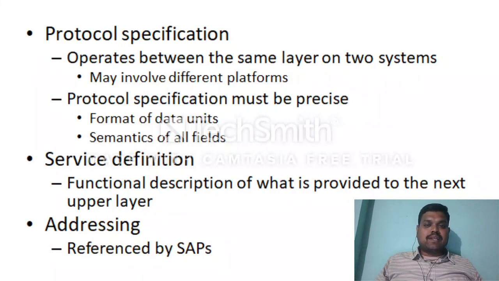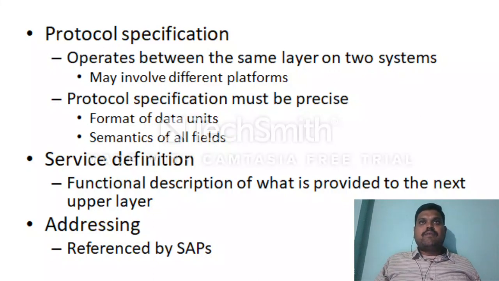The next one is the elements of standardization. Here, the elements of standardization are nothing but two layers on two different systems. The same layer on two different systems can communicate.